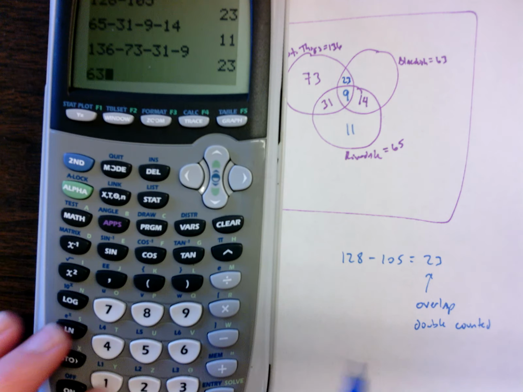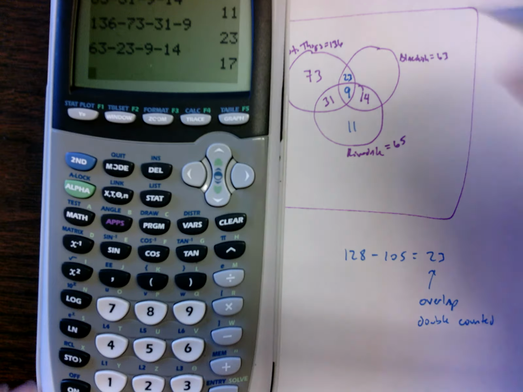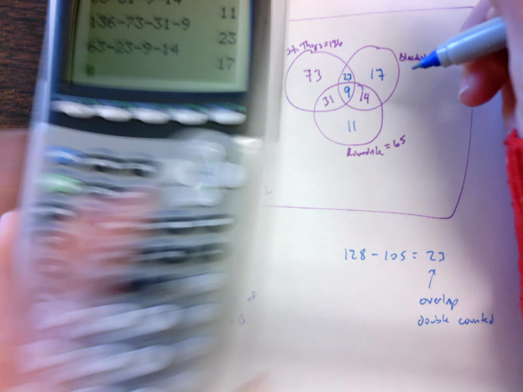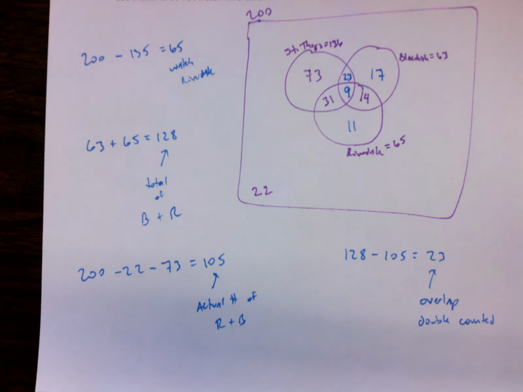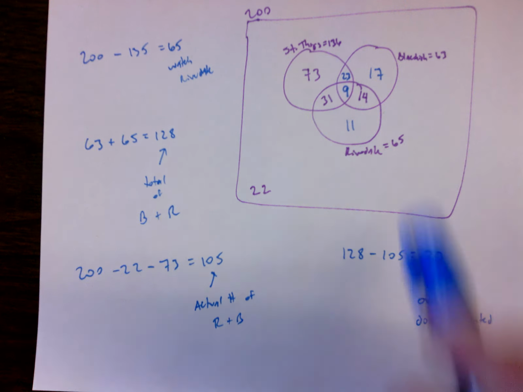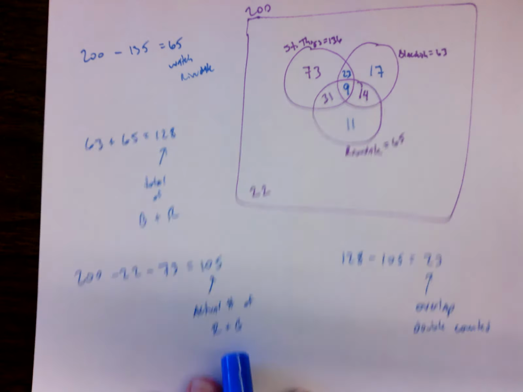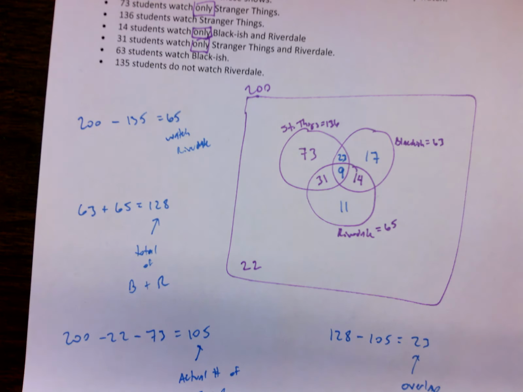And then the Blackish circle, I had 63 people, I took away 23, I took away 9, I took away 14, that leaves me with 17 there. Okay, and then you could answer some questions like, how many people only watch Riverdale? 11. How many people watch only Blackish and Stranger Things? 23.